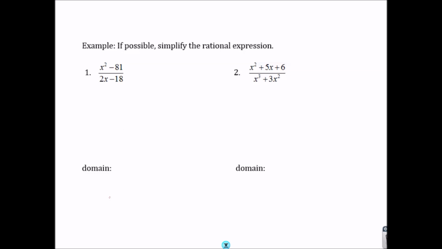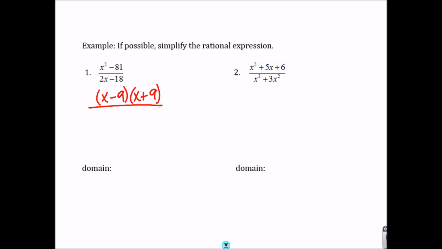So we are going to simplify these two rational expressions here. The first thing we need to do is factor the numerator and factor the denominator. So x squared minus 81, if you remember, that is a difference of perfect squares, will factor to be x minus 9 and x plus 9.